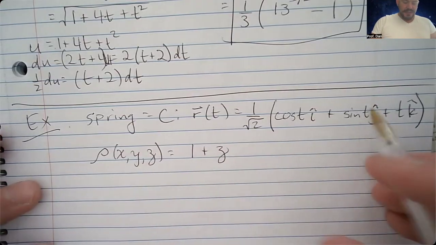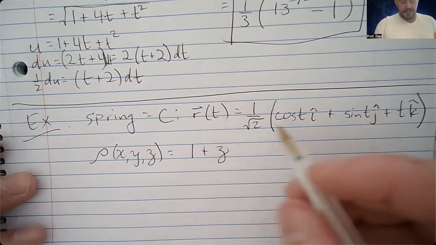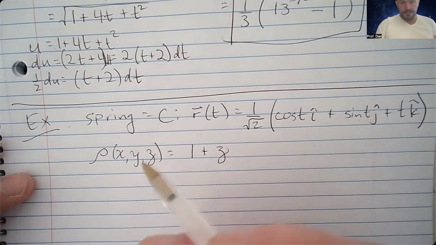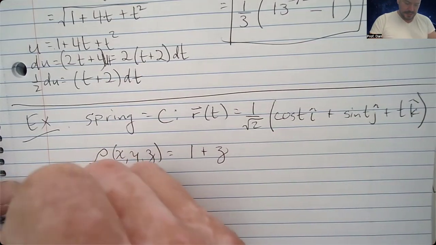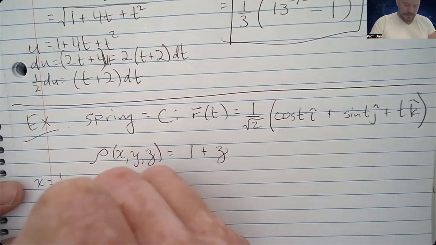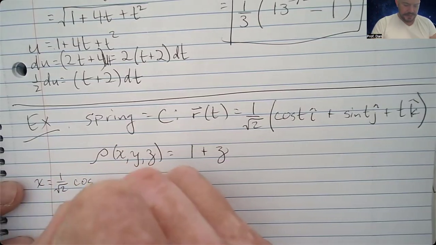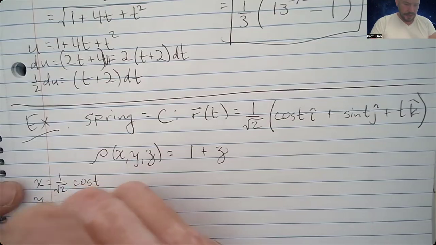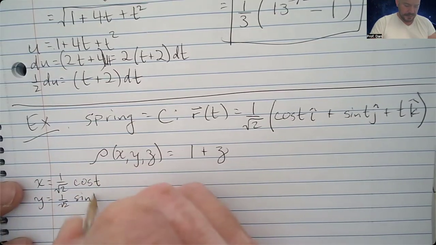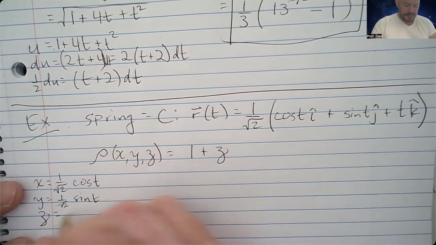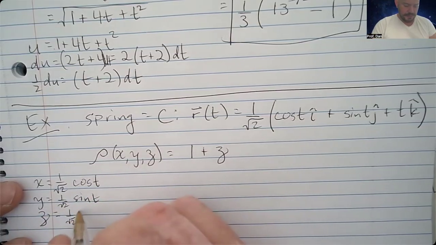So at this point, I can get my parametric equations pretty easily because we're given a vector valued function for our path. So we know that x is going to be 1 over the square root of 2 times cosine of t. We know that y is going to be 1 over the square root of 2 times sine of t. And then we know that z is going to be 1 over the square root of 2 times t.